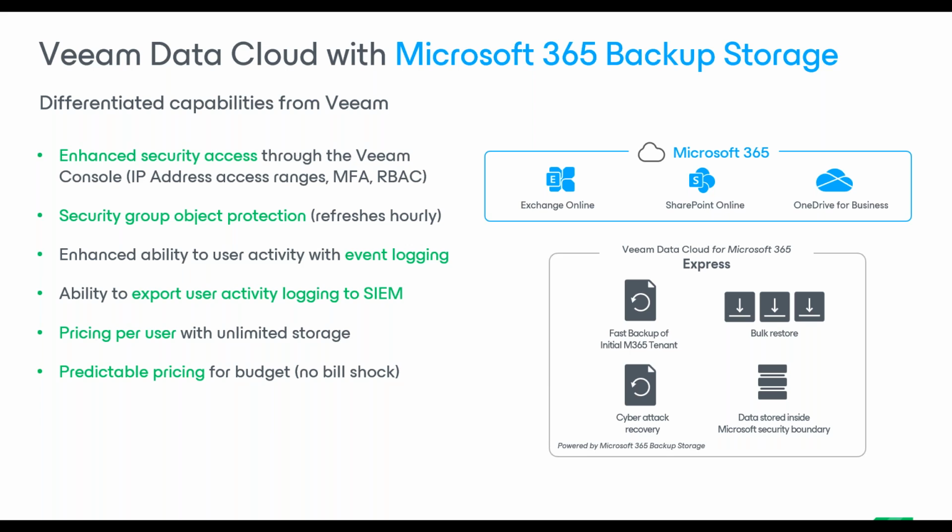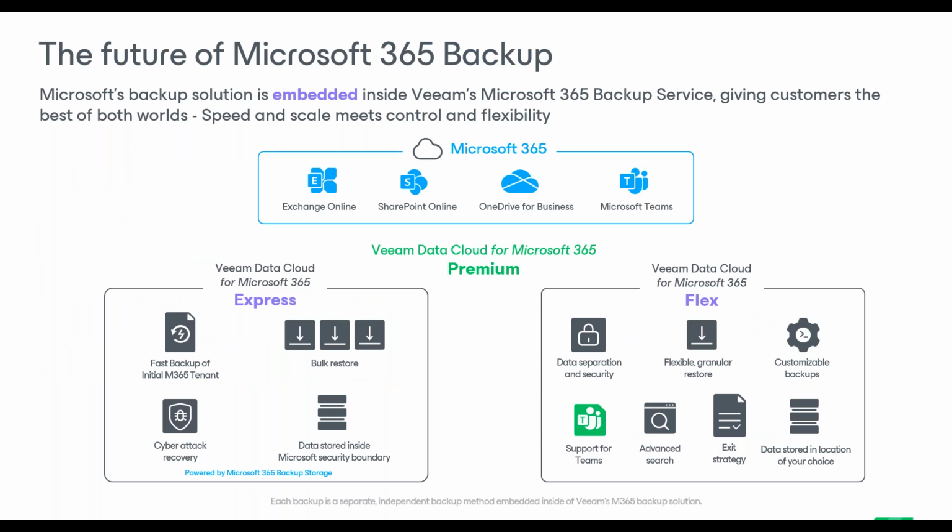Next, I'm going to share about the future of Microsoft 365 backup with Veeam. What we're doing is embedding Microsoft's backup solution, or you can say Microsoft 365 backup storage, with the Veeam Data Cloud.